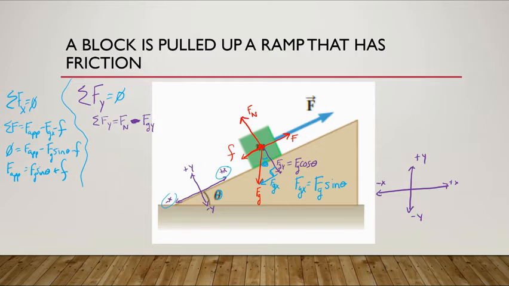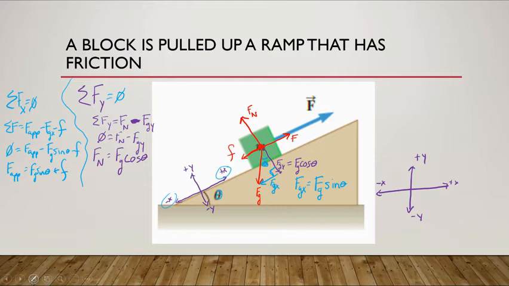It doesn't look like we have any other forces in y. So we end up getting 0 equals normal force minus force of gravity in y. So our normal force is equivalent to our force of gravity times cosine theta.